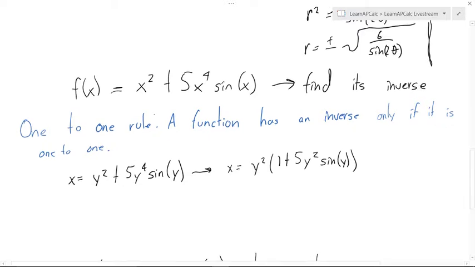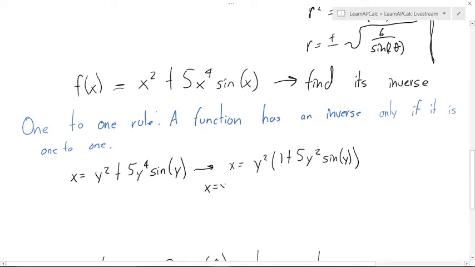You can't split this up, but if I did, which wouldn't be correct, I'll do it anyway for the sake of the argument. If I split this up, I can immediately see this one is not one-to-one. And again, this one is also not one-to-one.